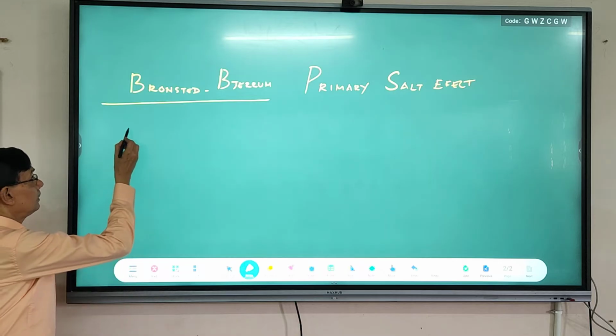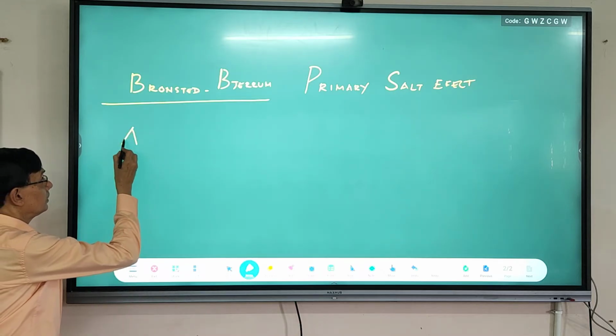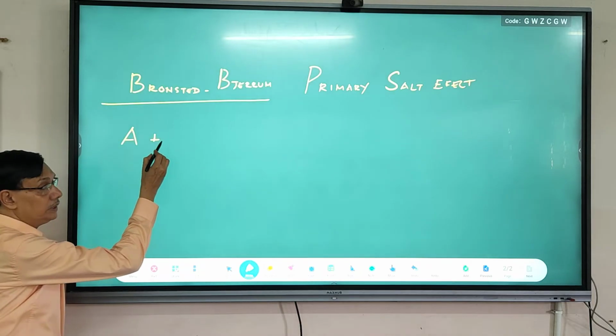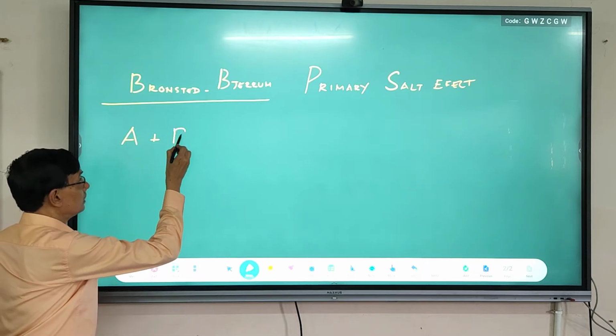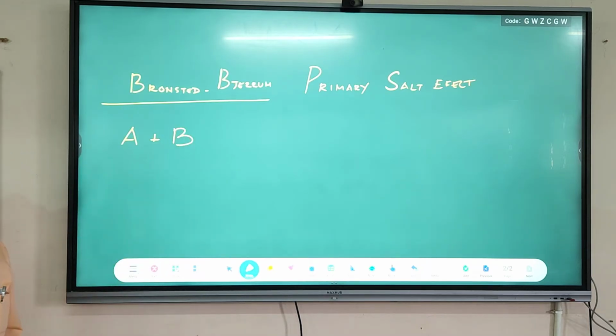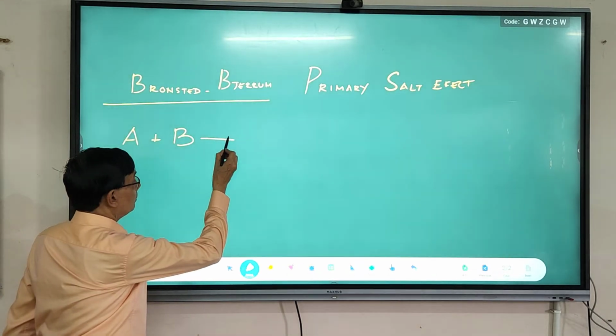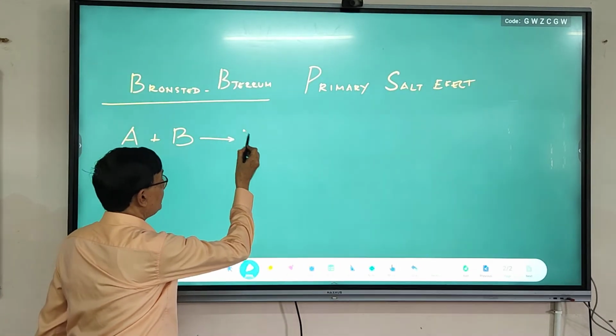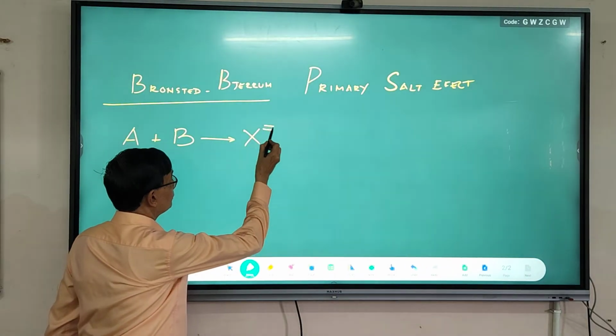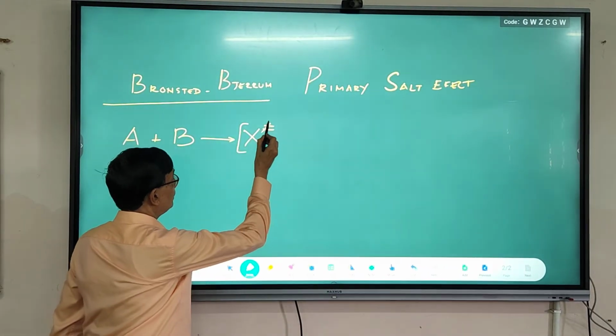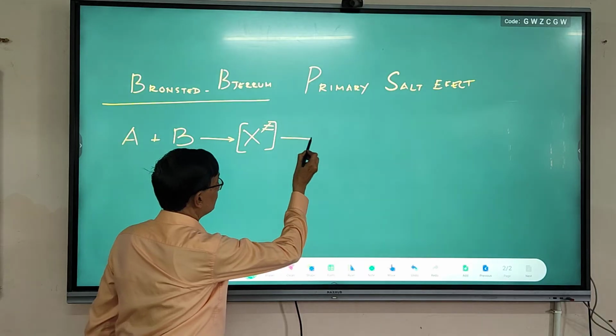Primary salt effect. A plus B is equal to X, the activated complex, and this is the product.